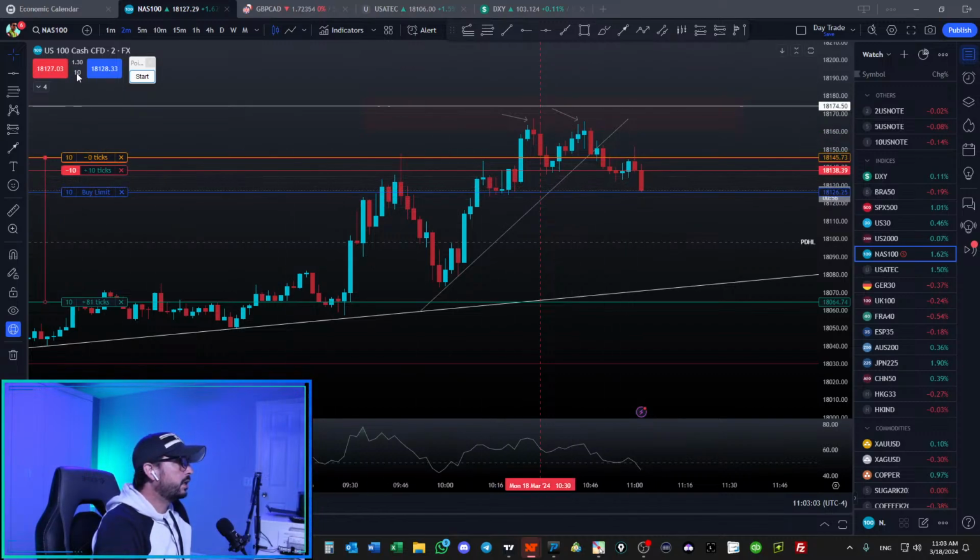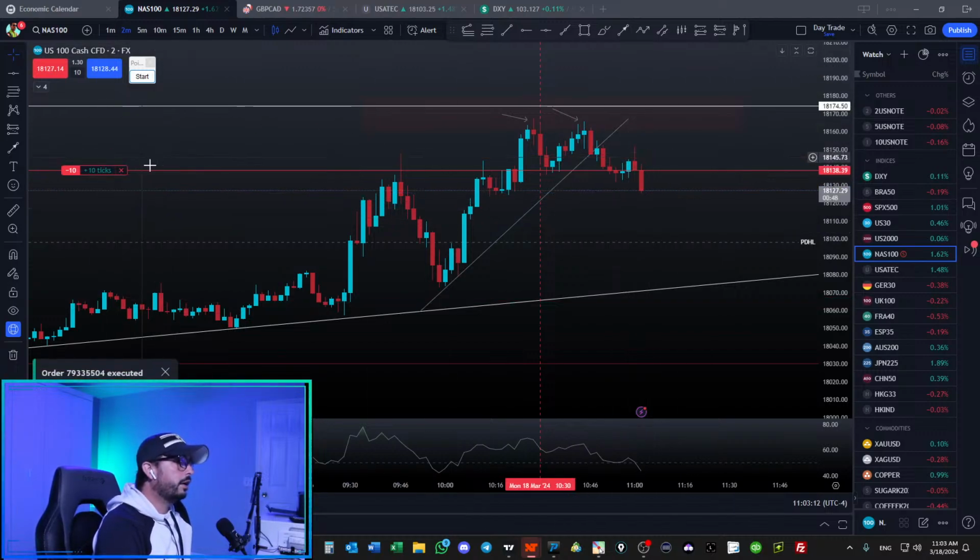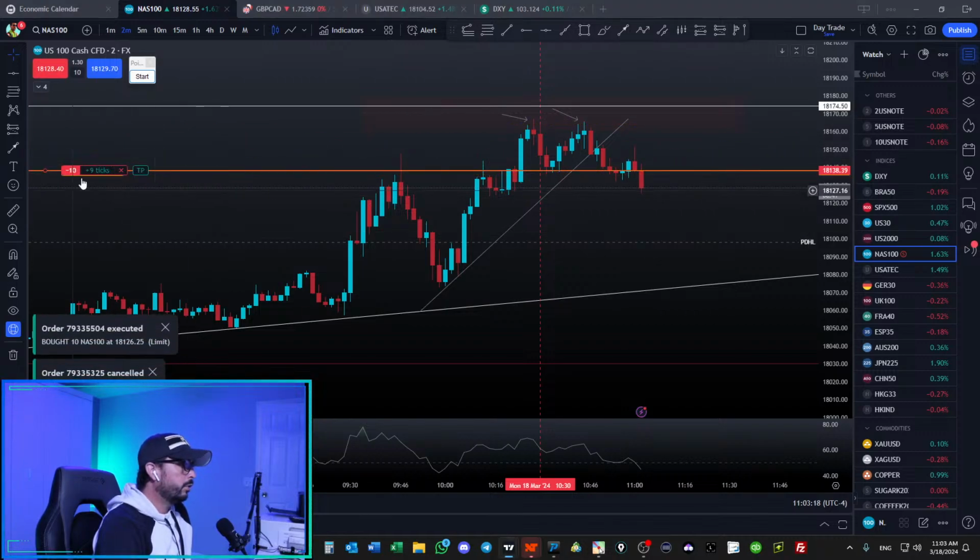Come on, let's get it. Hit me some in there. That's the spread because it's the CFD. There we go. Now we got this order that we're just going to put on a break even, and we're going to leave the target down below.